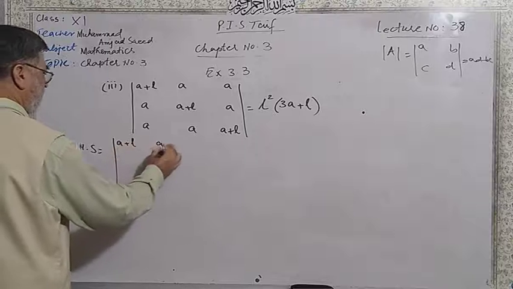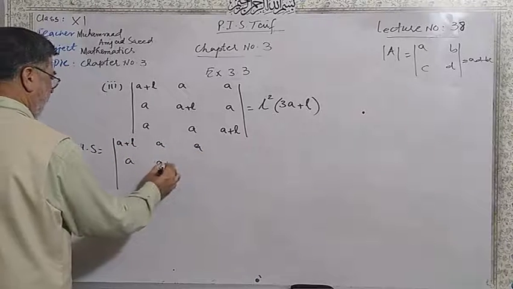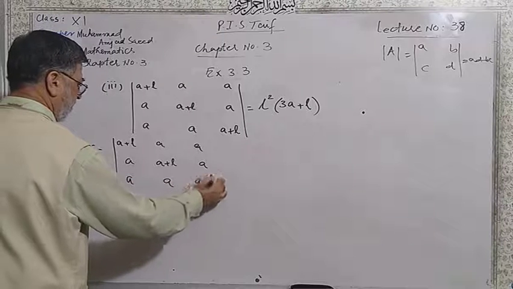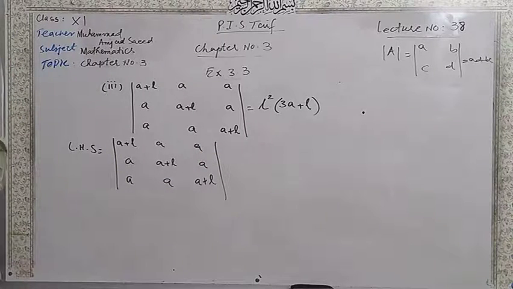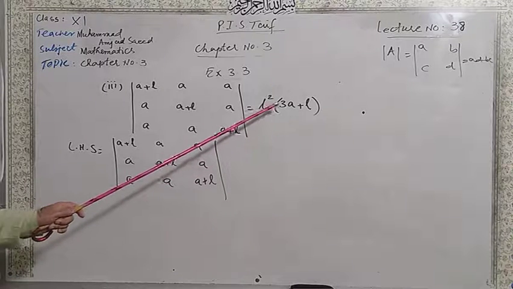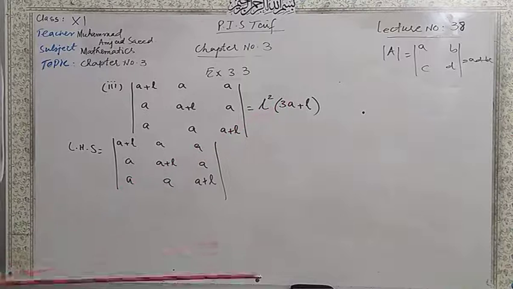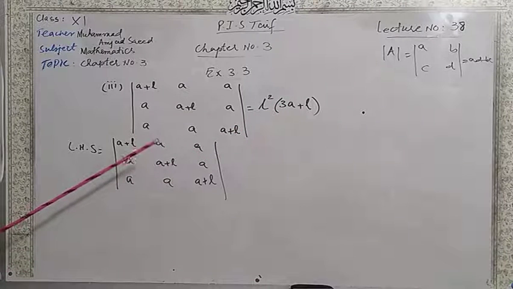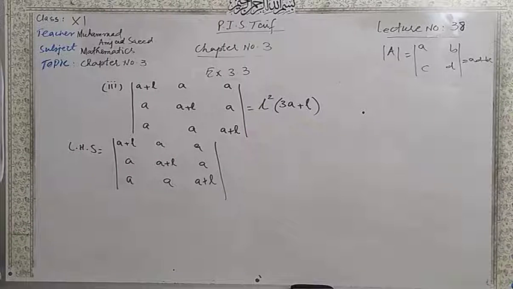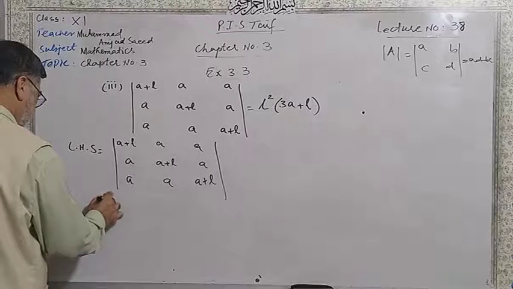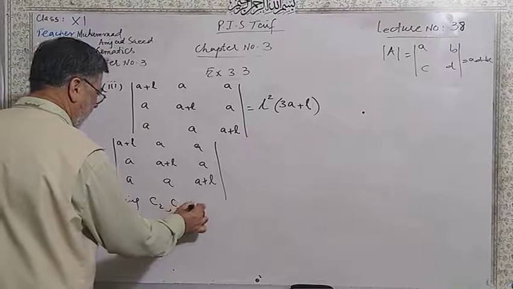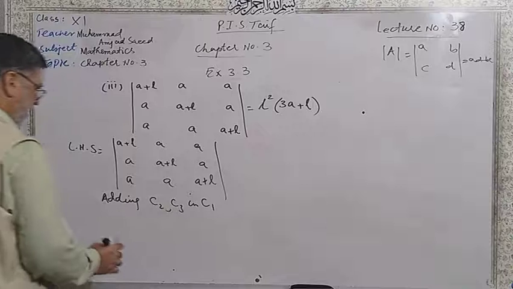A plus L, A, A; A, A plus L, A; A, A, A plus L. Dear students, you can check your right hand side. 3A plus L can be made by easily adding C2 and C3 in C1. Adding C2, C3 in C1.